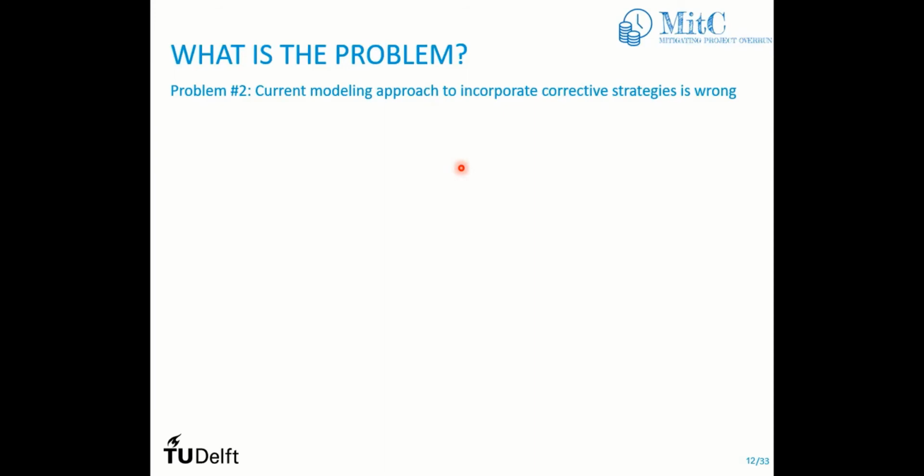So the way they are incorporating corrective measures is wrong, and I'm gonna prove to you that this is true. I'm gonna make a comparison here between the current approach of incorporating corrective measures, so the current wrong approach that we usually do, and I will compare it to actual human behavior, so how a real human would behave in the same situation. And then we're gonna compare these two, and we come up with a conclusion, of course.